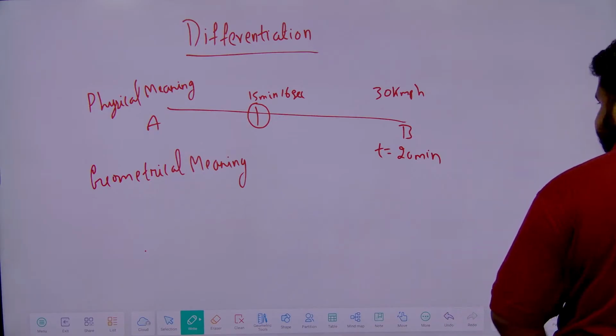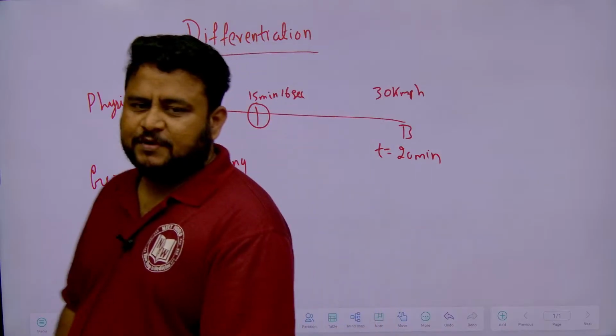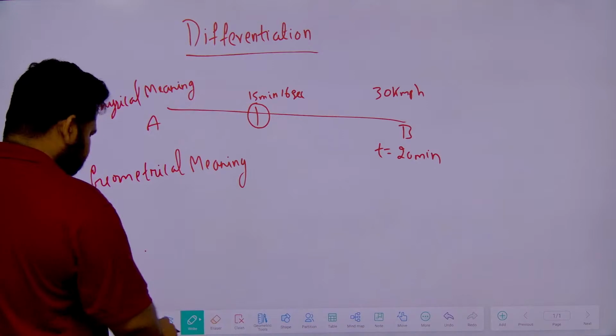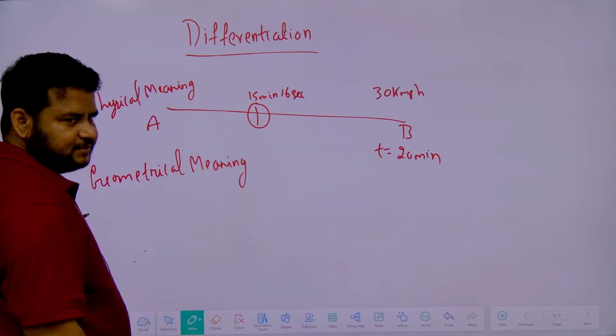It is nothing but the slope of the tangent. Geometrical meaning means slope of the tangent.